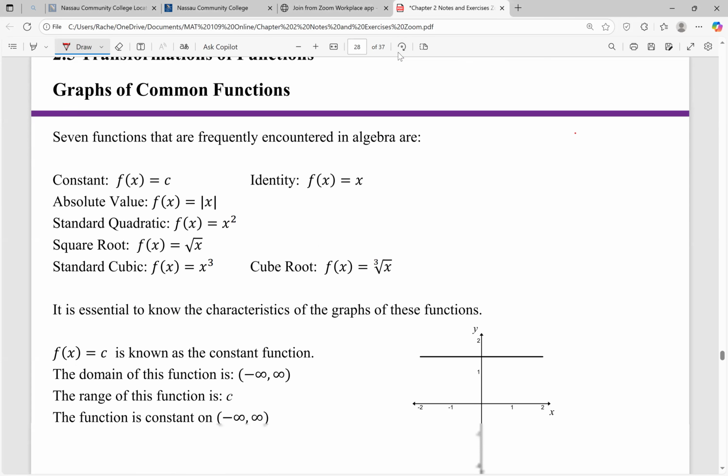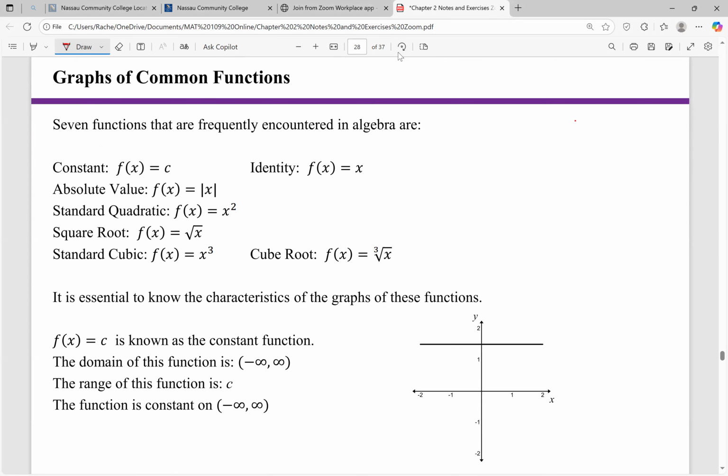The first function we're going to look at is the constant, f of x is equal to c, or y is equal to c. And we actually encountered this in the previous lecture when we were looking at the graph of horizontal lines. So f of x equaling some constant c is just a horizontal line that's going to go through y equals c.